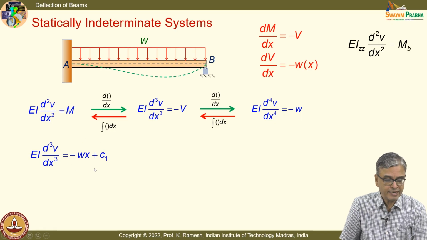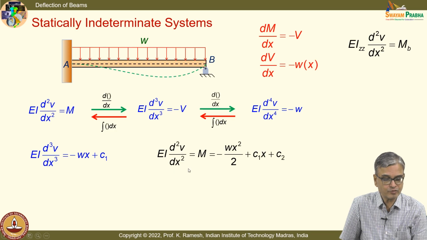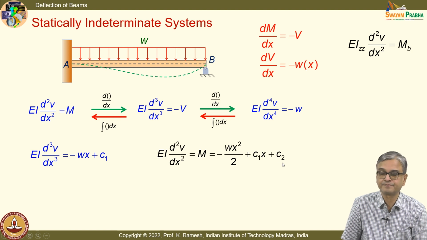So, when I integrate it once, I get minus Wx plus C1. And you know what the boundary condition is at A and at B. So, I have EI d squared V by dx squared. When I integrate again, I get the bending moment, equal to minus Wx squared by 2 plus C1x plus C2.